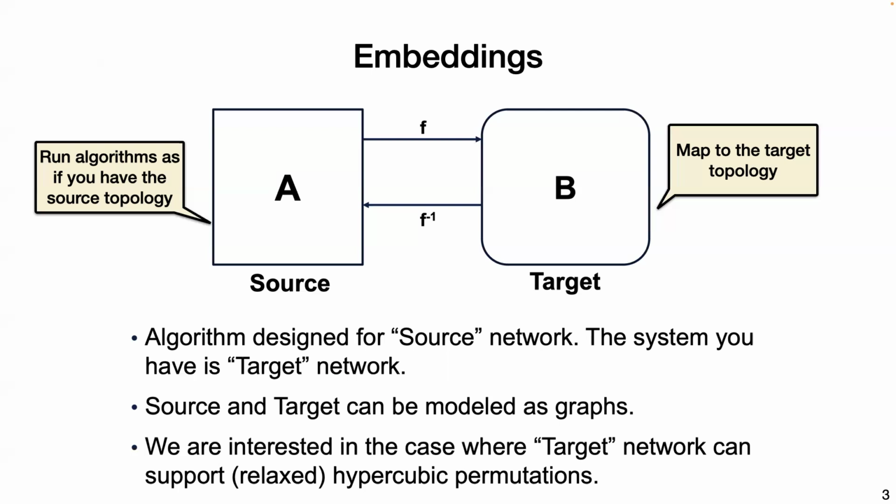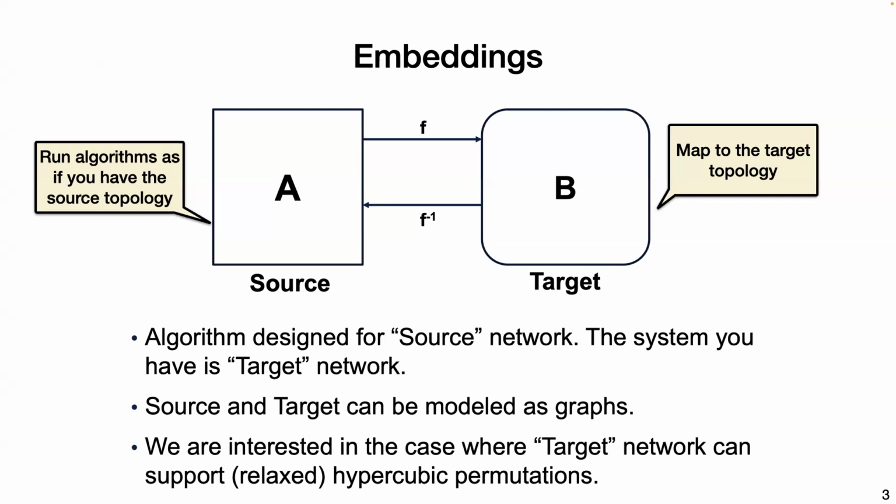You have some function on the nodes, which will give you also some function on the edges. And you just simulate the algorithm on the source topology on the target topology using this function translation. And the source and target are graphs. So the nodes are the processors, and the edges are the direct links between the processors.